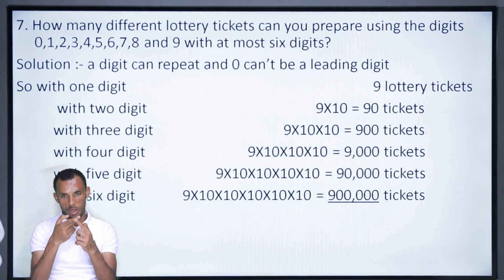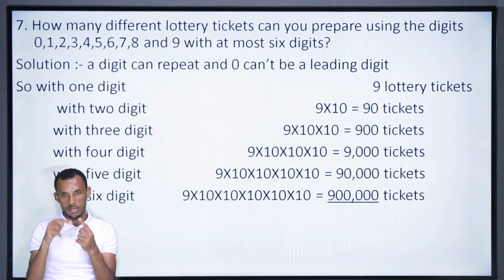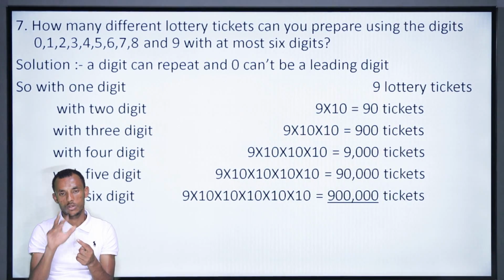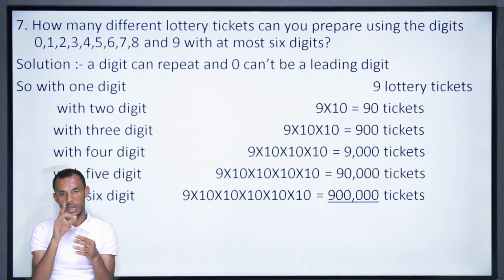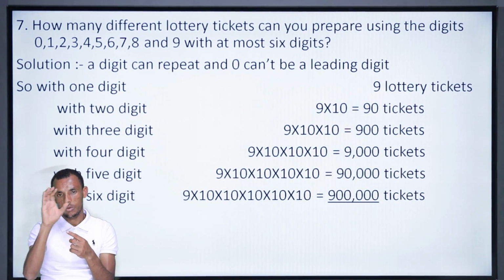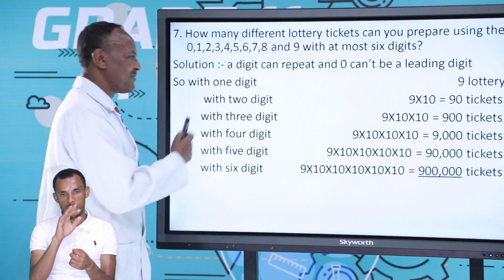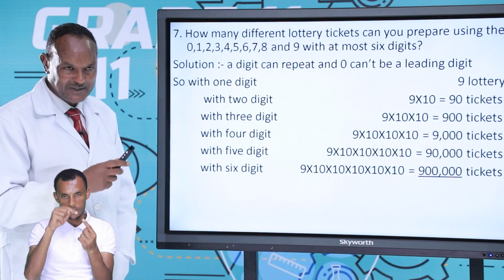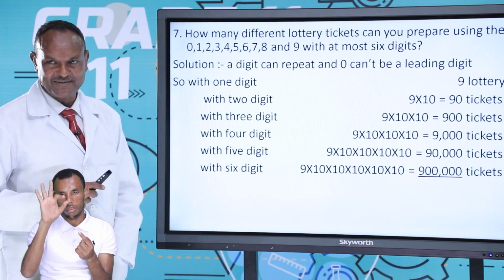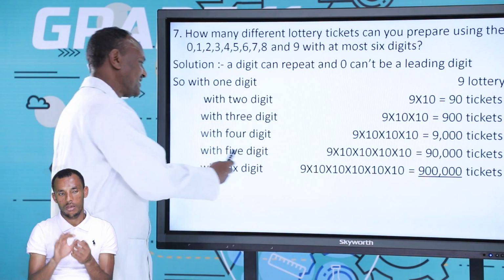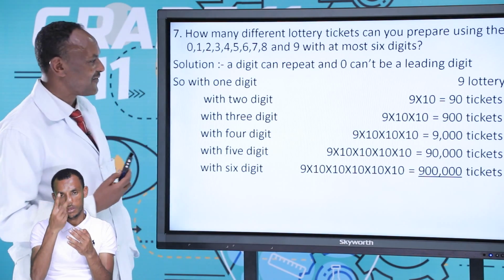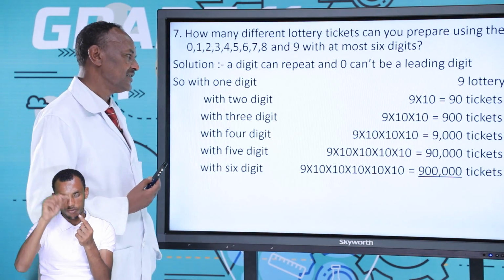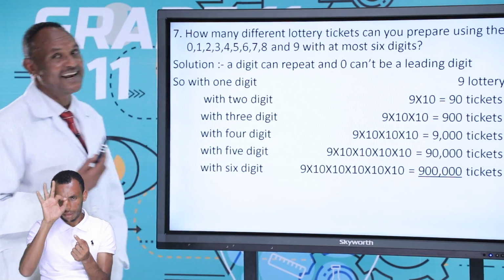2-digit numbers from 10 up to 99. 3-digit numbers from 100 up to 999. 4-digit numbers from 1,000 up to 9,999. 5-digit numbers, you have to start from 10,000 up to 99,999.